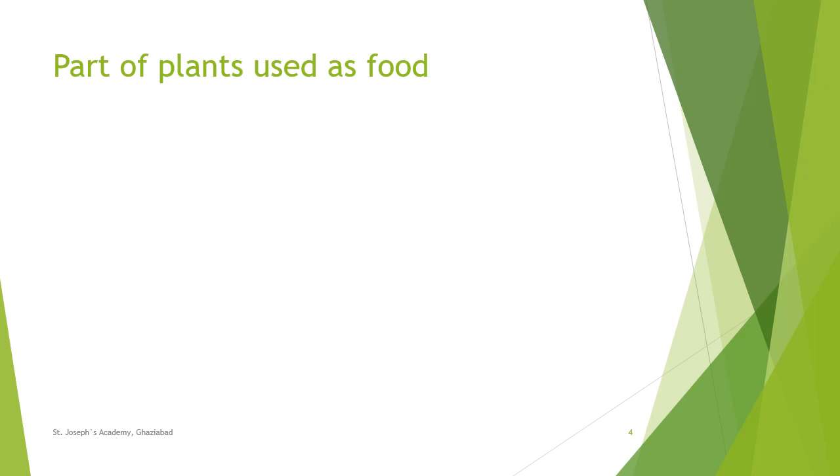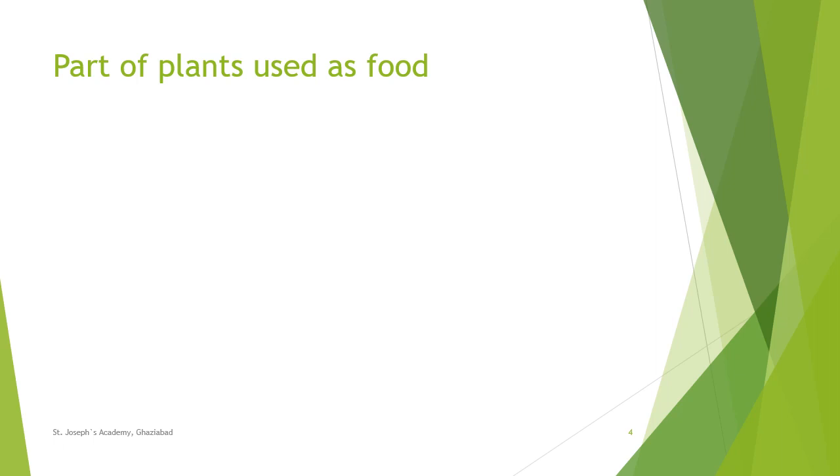Plants also give us vegetables and fruits to eat, clothes to wear, medicines, oil, etc. All these things we get from plants. Even animals, they also depend on plants for their food. So plants are the main source of food.